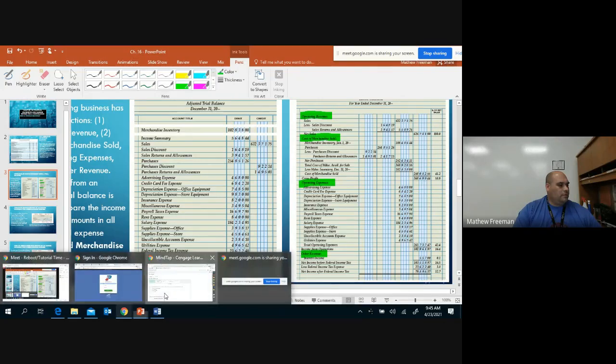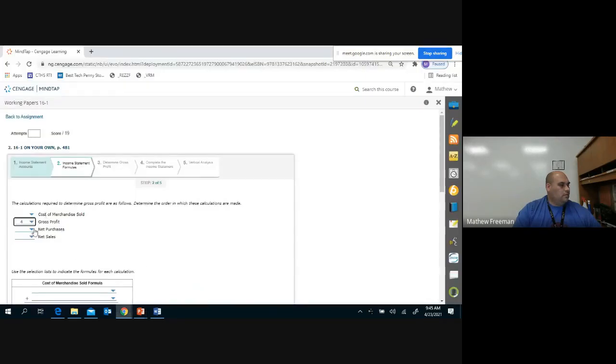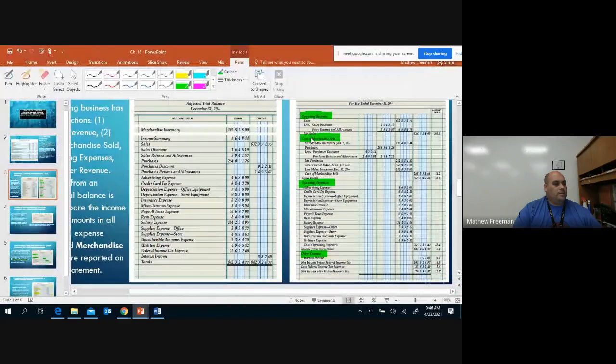So net sales, net purchases, and cost of merchandise sold. That should be the order. And they're referring to cost of merchandise sold under this column here, not referring to this, because this here is the title. And so here we see net purchases is first as the total, and then cost of merchandise here.